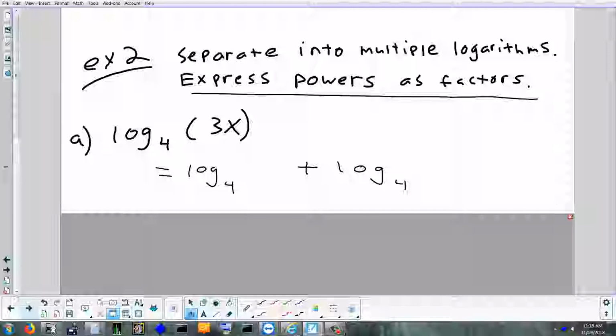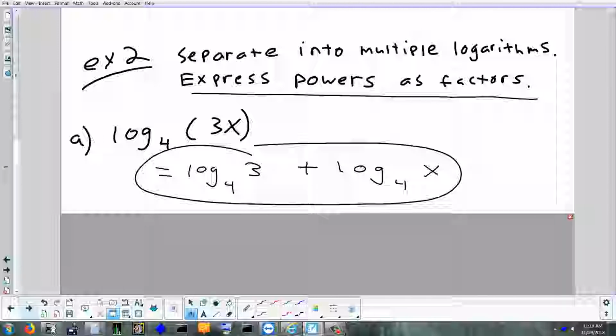And Nick, my argument to my first log? 3. And my argument to my second log? X. There you go. And there's your answer. So log base 4, 3 plus log base 4, X. That's it. That's the whole thing.